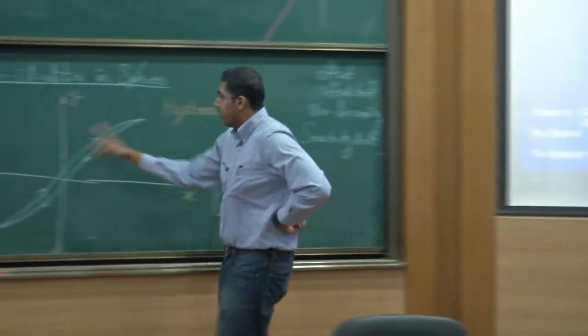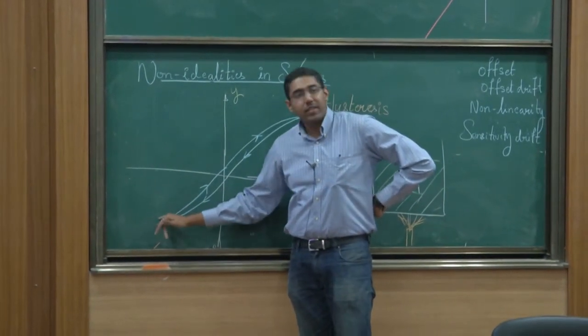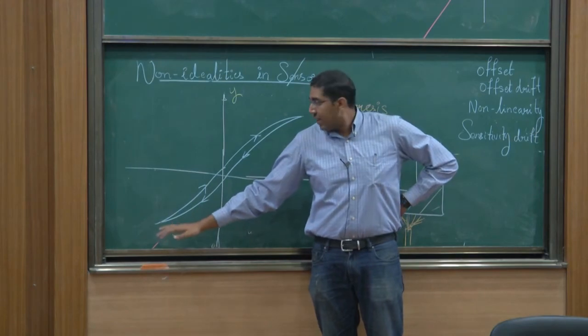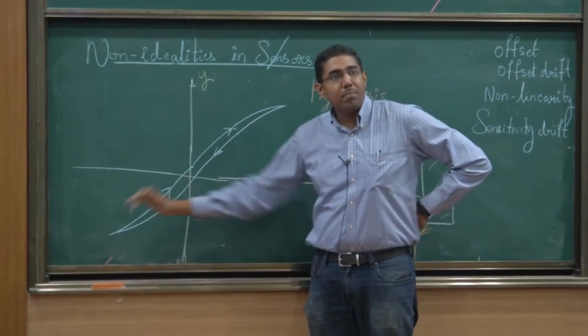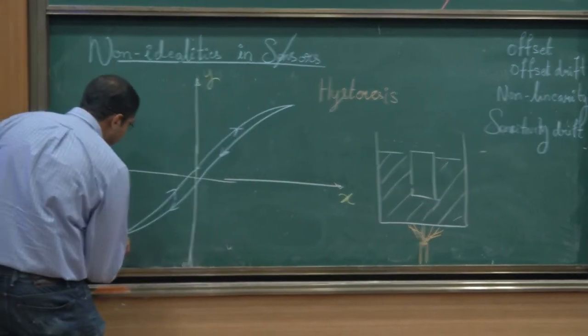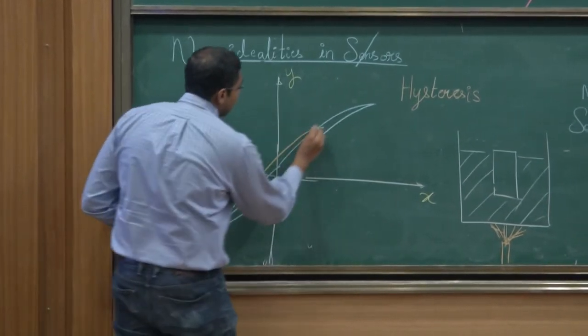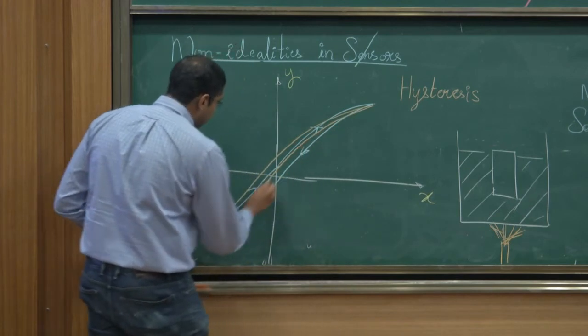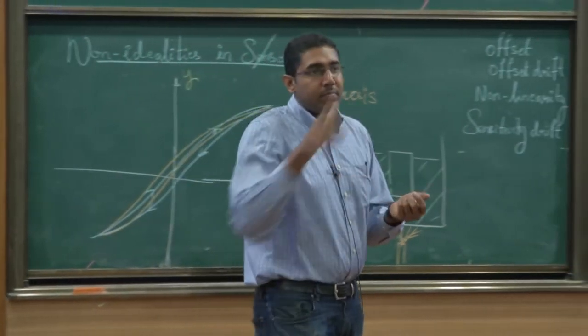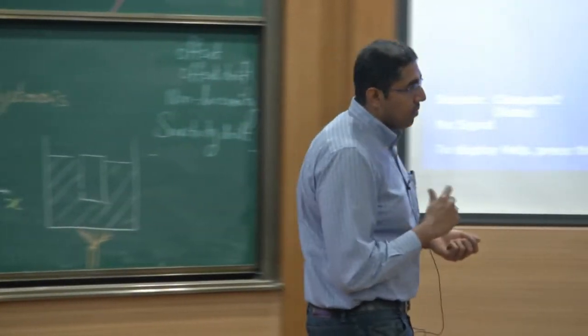So again, this is just one loop, one cycle. Let's say you start here, you end there, come back here. There is no guarantee that it will repeat in the same path. The second time you do this, it could take a different path, slightly different. So this could keep changing from cycle to cycle.